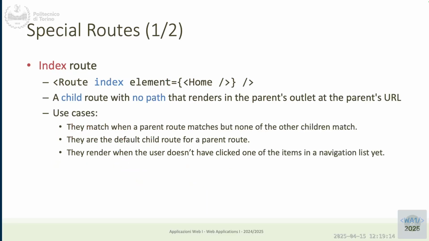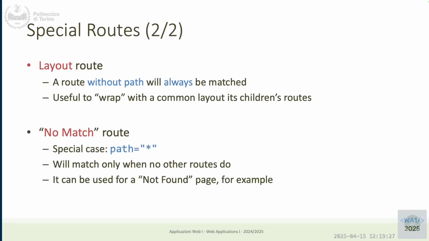There, yeah? You create multiple index, one nesting. One per layer. One index for each layer of nesting. Yeah. Then we have a layout route, so-called layout route, which is really not a route, because it always matches.